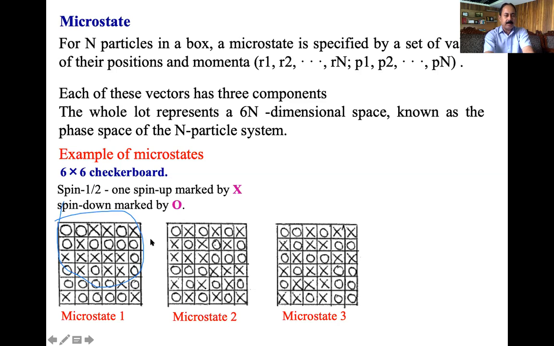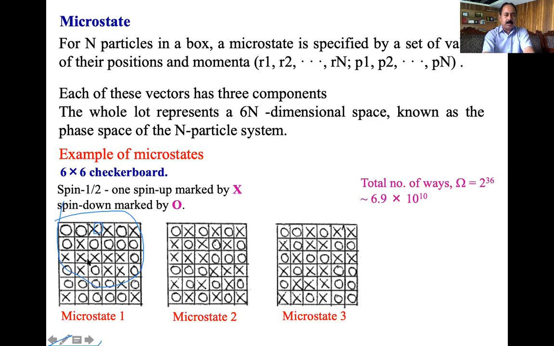We put a particle with spin up, represented by X, and a particle with spin down, represented by a circle, 0. If spin up, it is marked by X; if spin down, marked by 0.